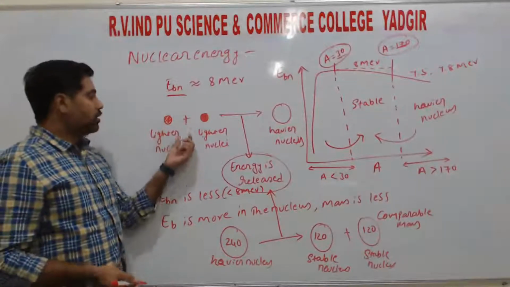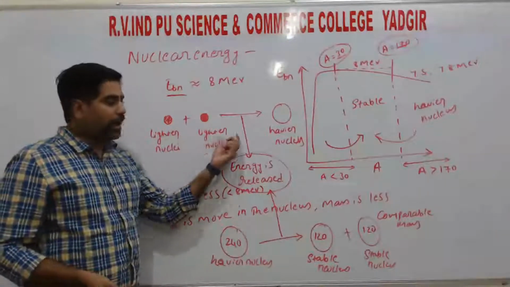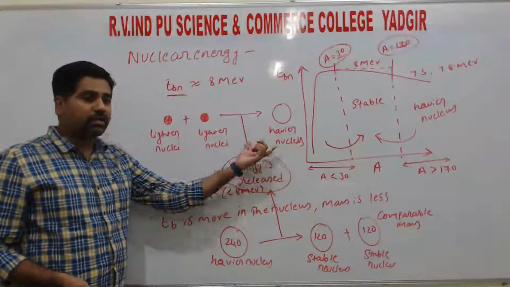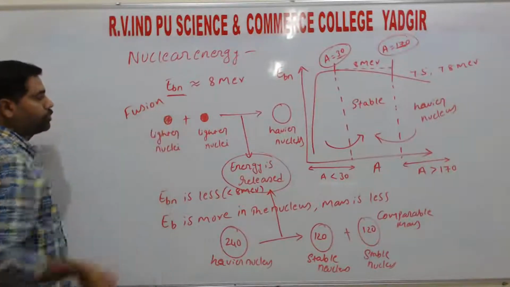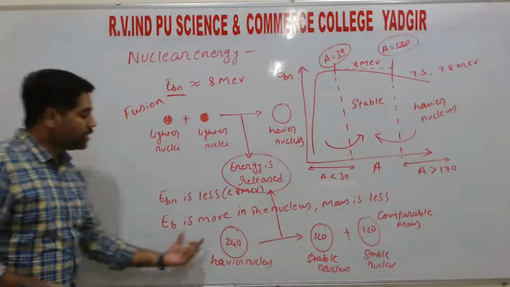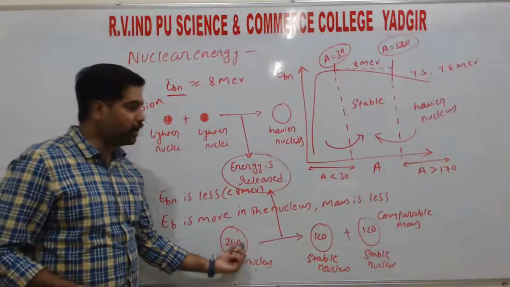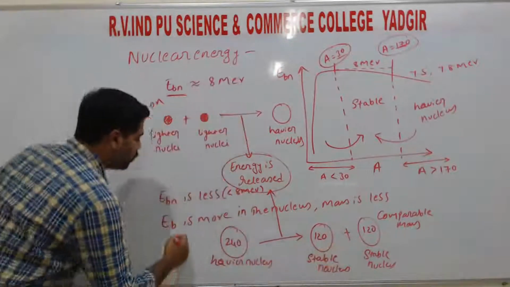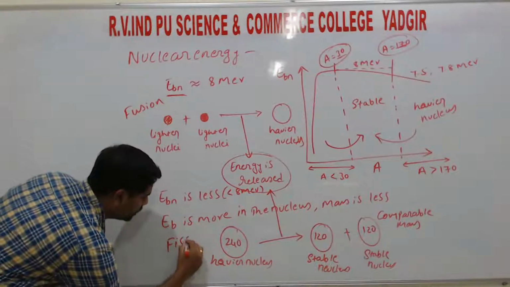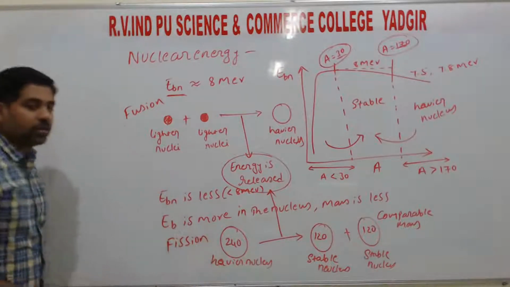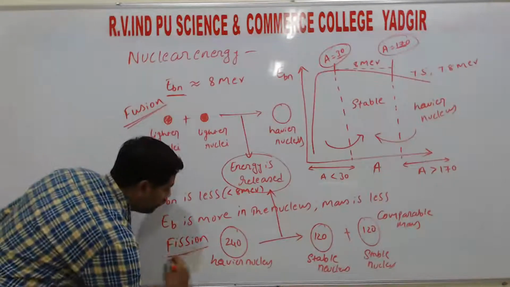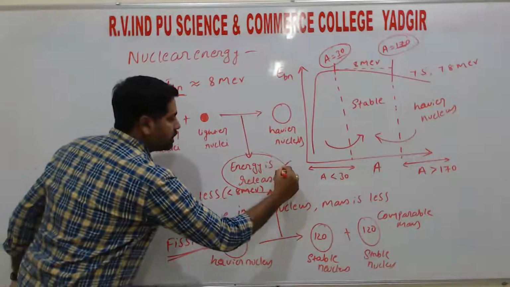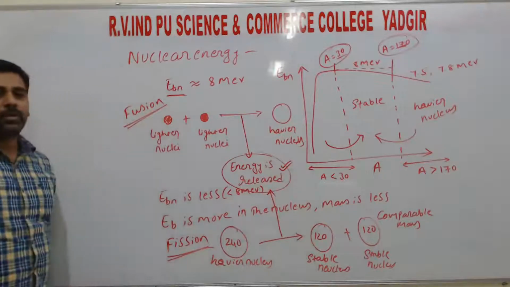Here the fusing of two lighter nuclei to form a heavier nucleus is called fusion, right? Then the splitting of a heavier nucleus into lighter nuclei is called fission, right? So in these two processes, fusion and fission, the energy release is common, right?